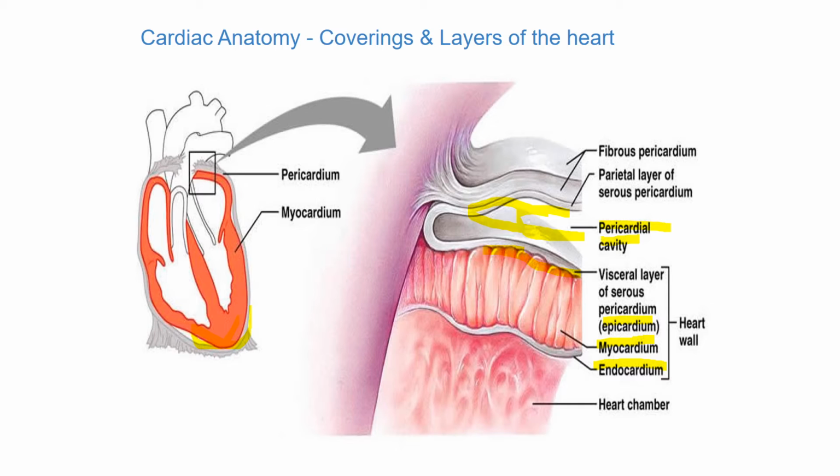When we have excess fluid in this pericardial cavity, the ventricles can't contract, relax and fill due to excess pressure, and thus less blood is going to be pumped out. Lastly, all of this is held together to the large vessels by the fibrous pericardium, so that the heart is pretty much localized even with the massive contractions that it undergoes.